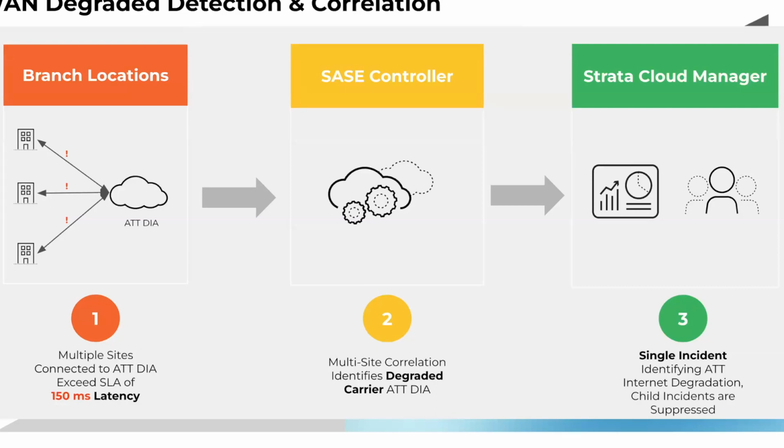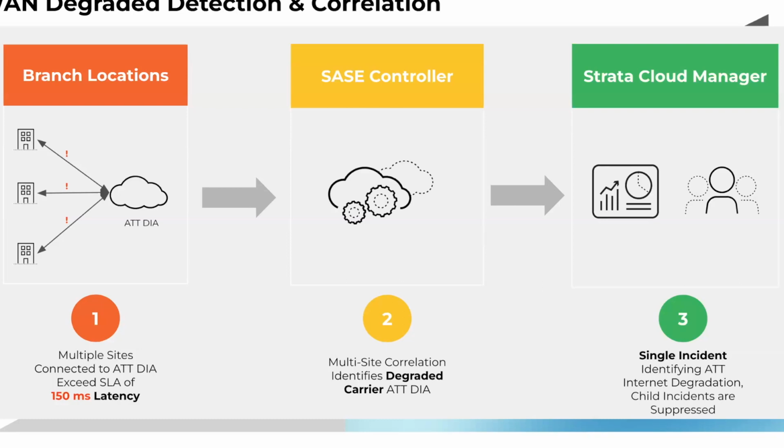It generates a single incident that says, hey, you have a regional problem with this carrier, and here's all the child incidents associated with that. So now you have one thing to go look at, and you call that carrier and address that problem with them, versus having to sit through 100 or 1,000 different messages. So it's pretty powerful as far as getting down to that root cause.